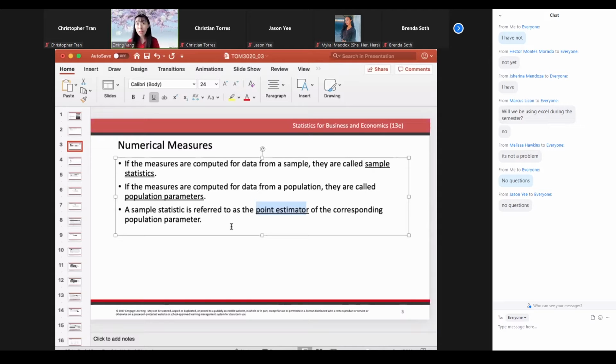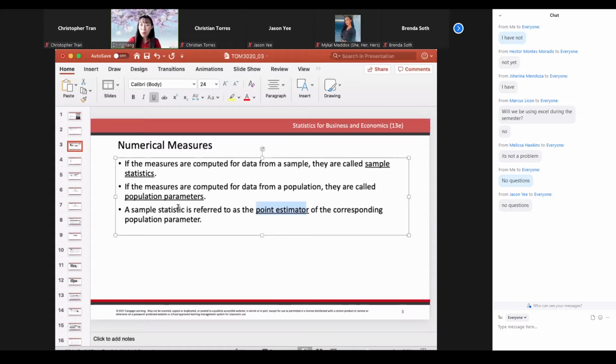They probably all understand what we're trying to do here. Even though I'm not looking at thousands of students, even though I only have a small sample, I can make some inference. I can make my educated guess just by looking at the sample. So that's what we mean by estimator.